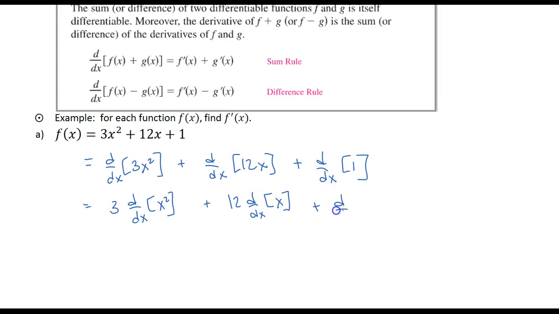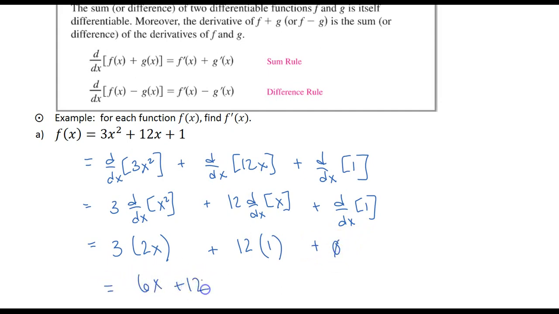And this one's just a constant. So this will be 3 times the derivative of x squared is 2x to the 2 minus 1, so just 2x. The derivative with respect to x of x is 1, and the derivative with respect to x of 1 is 0. So this just ends up being 6x plus 12, and that is my answer.